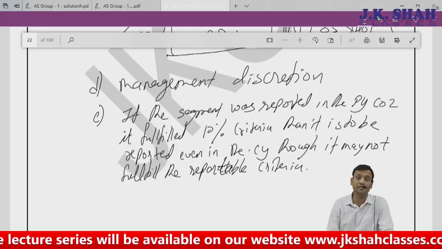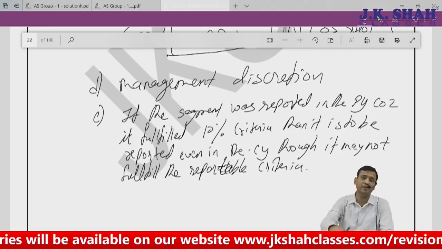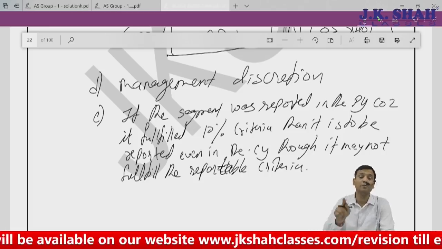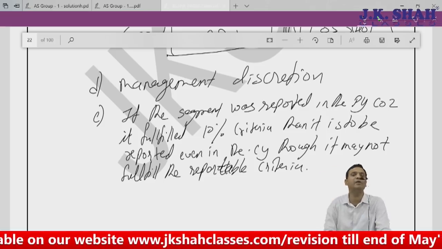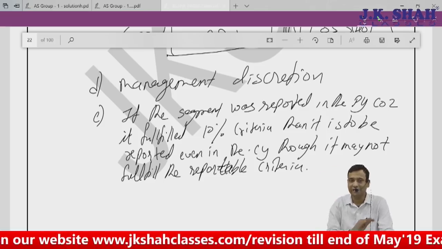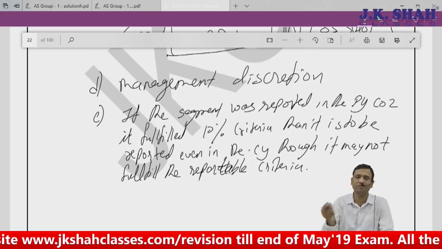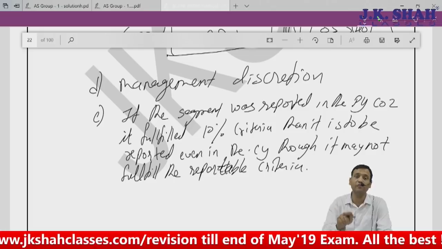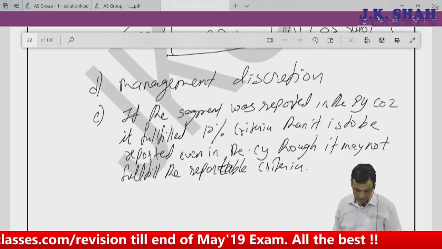But what does the standard say? It says if this segment was reported in the previous year, then it will be reported in the current year also. But if in the previous year it was reported based on the 10% criteria, then only it will be reported here. Otherwise it will not be reported. If it was reported because of management discretion, then it will not be reported. But if it was fulfilling the 10% criteria in the previous year, then it has to be reported in the current year.